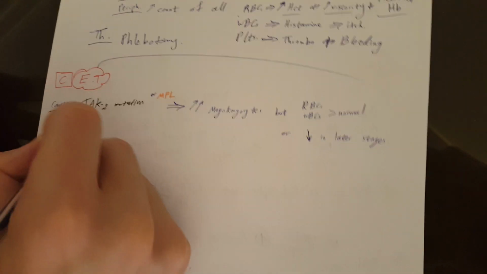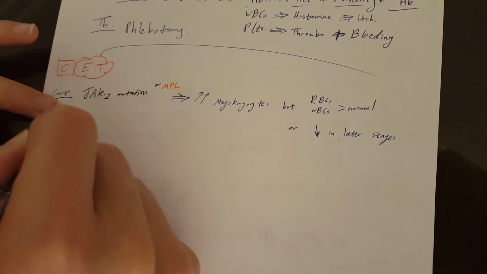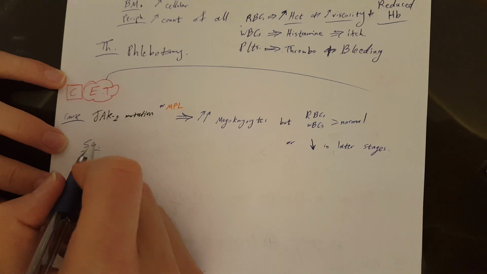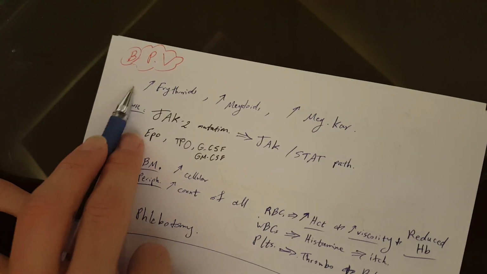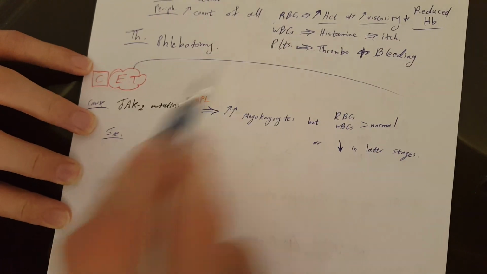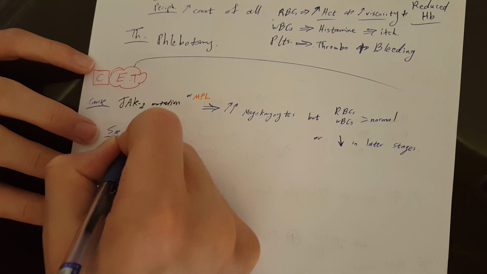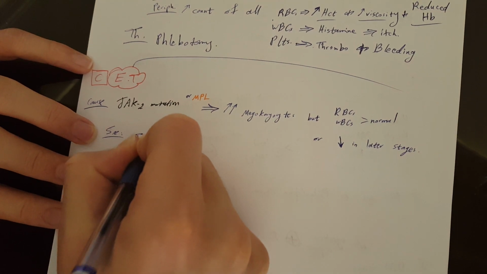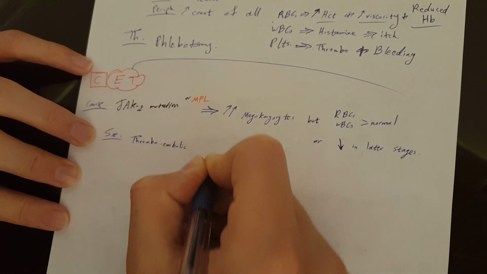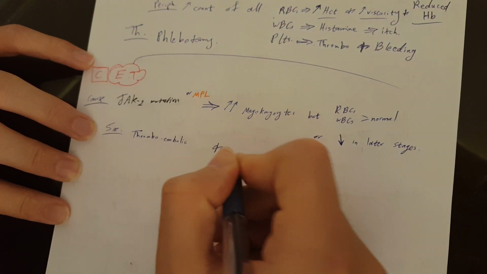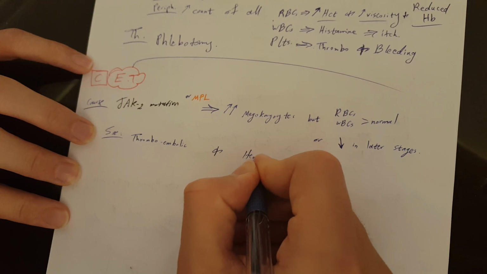All right, what are the symptoms for someone who has ET, meaning too many megakaryocytes? Remember when we said platelets are increased in polycythemia vera. Here too, too many platelets, then you'll have thromboembolic accidents and or hemorrhage.